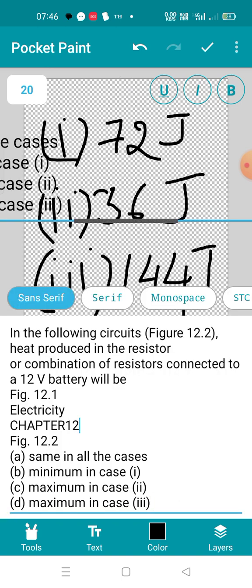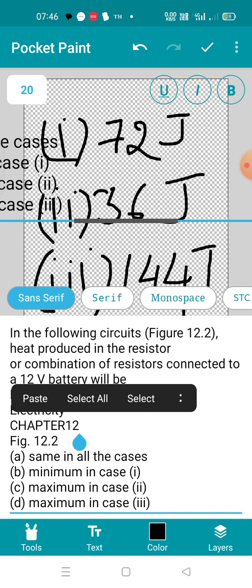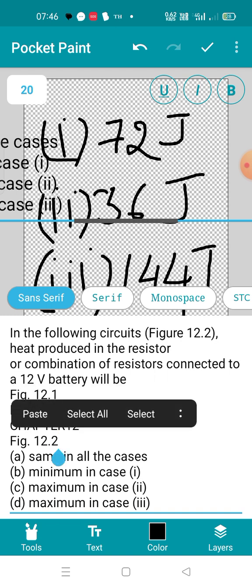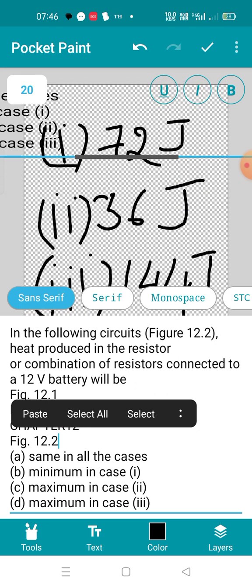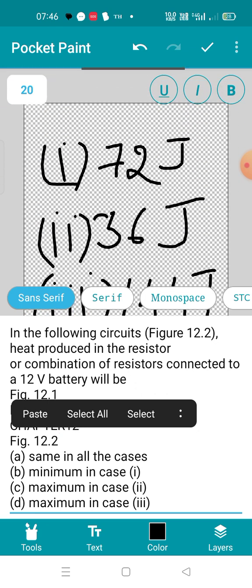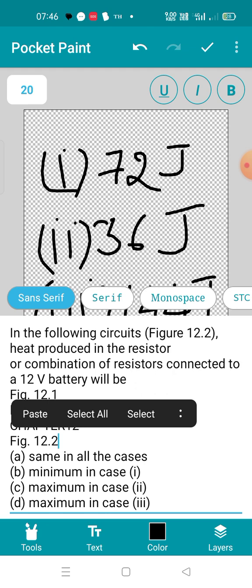In the following circuit, the same battery is used in all the cases. Definitely option A is wrong, because the heat produced in the three cases is different. Minimum in case 1: 72 joules is not the minimum value, so it's not the correct one. Maximum in case 2: in fact 36 joules is the minimum of the three values, but here in option C there is a maximum in case 2, therefore option C is wrong.